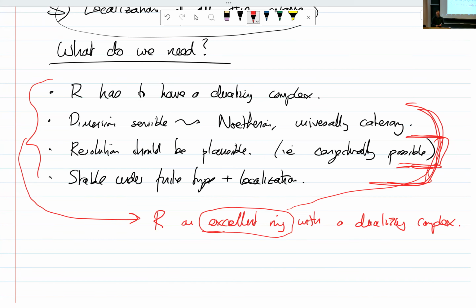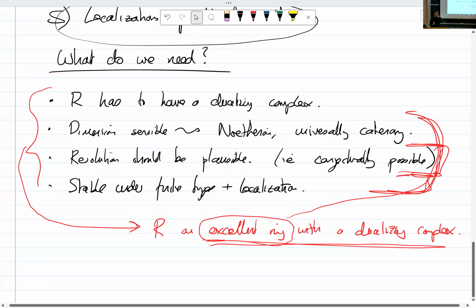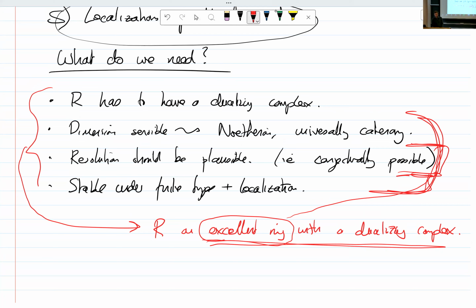Okay, so you can think this is in a sense the maximal assumption you can hope to use for doing MMP. Conjecturally possible, not known.